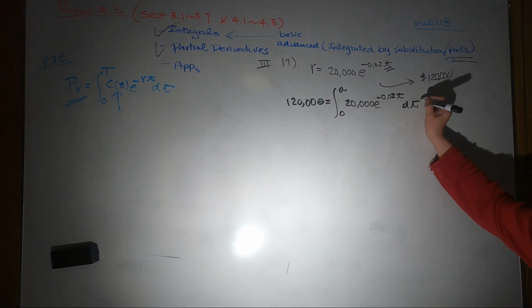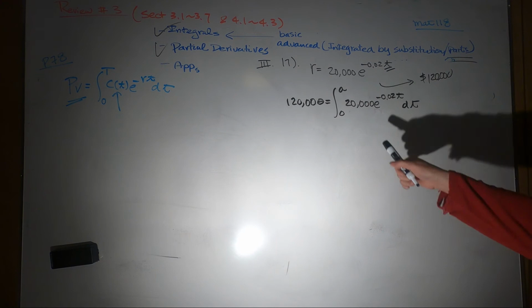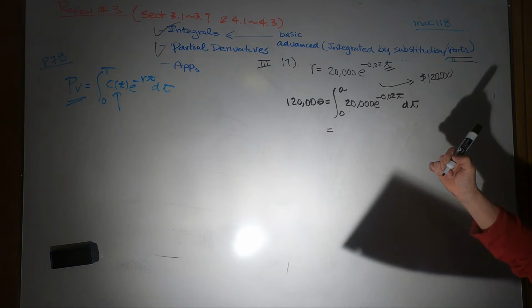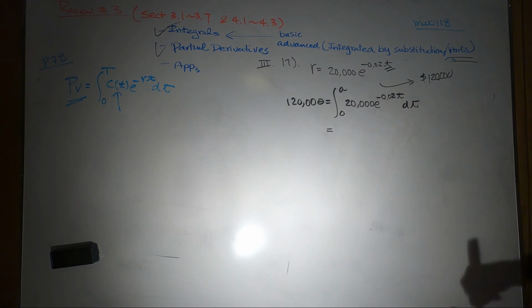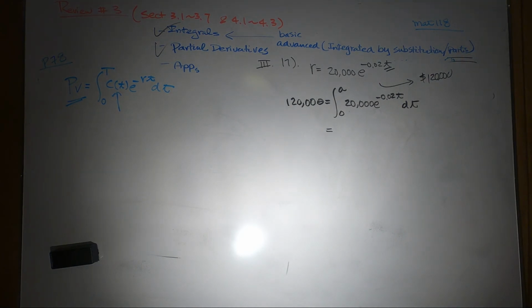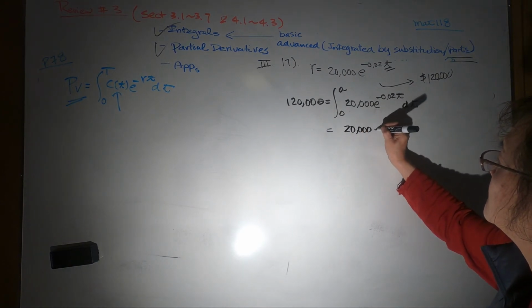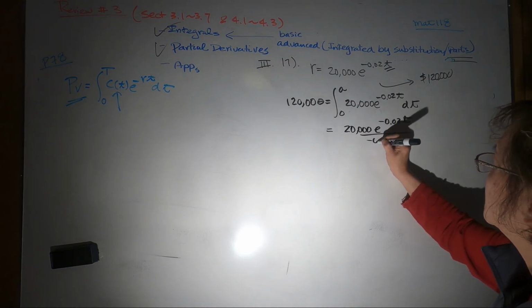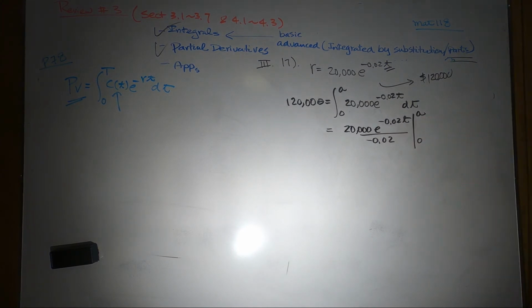So you do that. That's the equation you need to write. Okay? Then up to 8 years. So let's see. You do the antiderivative for the definite integral, right? So you do antiderivative. That would be for the e, right? Over negative 0.02 and 0 to so many years.